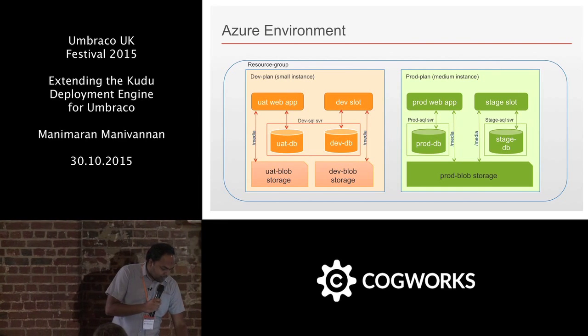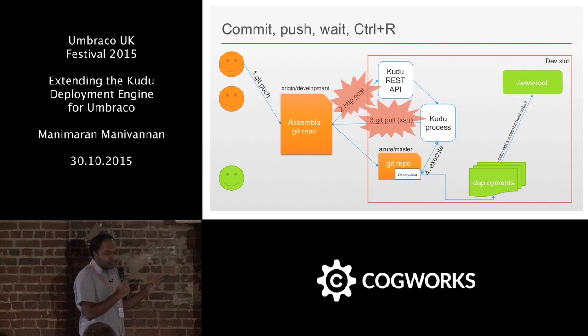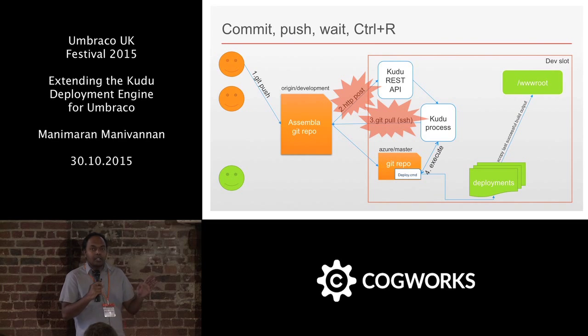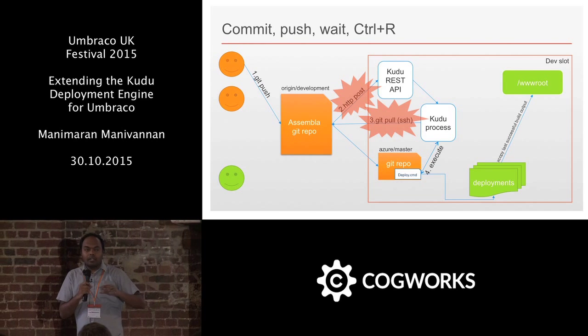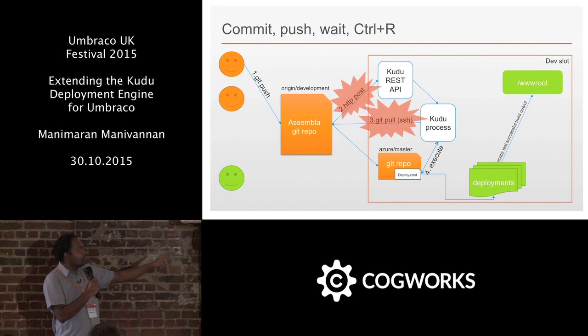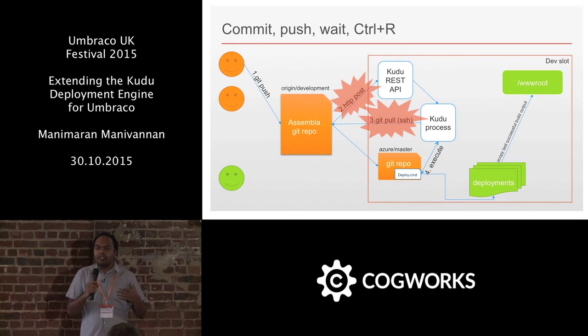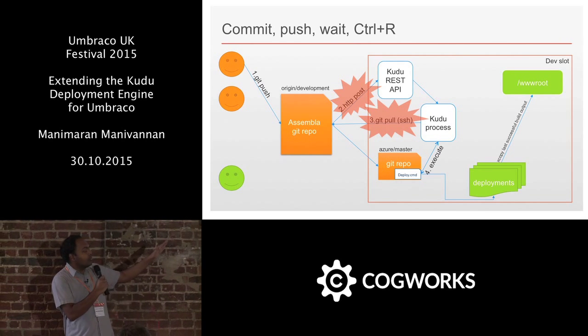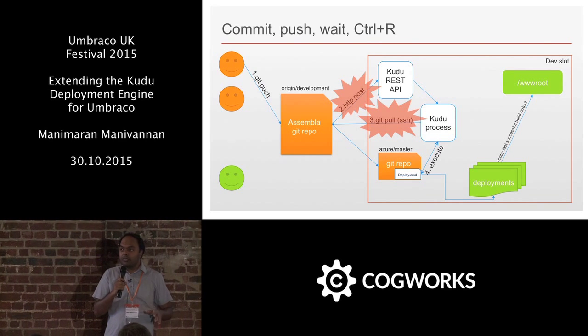So that's the environment. The aim I have is to continuously deploy from a Git repository to the dev slot. At the moment, deploying to any other slots and sites is manual, in the sense that each of those web apps or slots has its own Git repository.